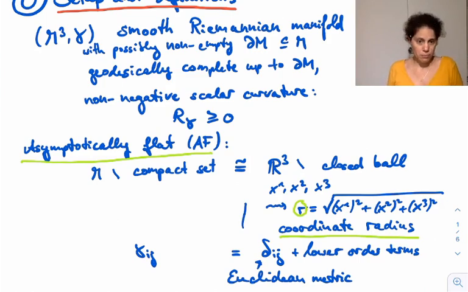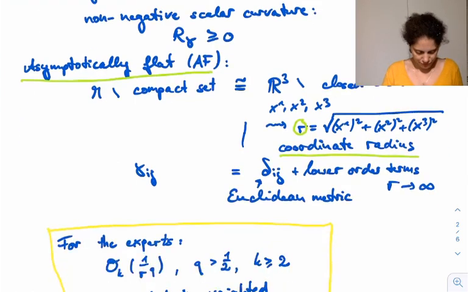And in this coordinate chart, outside the compact set, the components of the metric gamma, gamma_ij, will look like delta_ij plus lower order terms as r goes to infinity, where delta_ij are the components of the Euclidean metric, or the Kronecker delta.